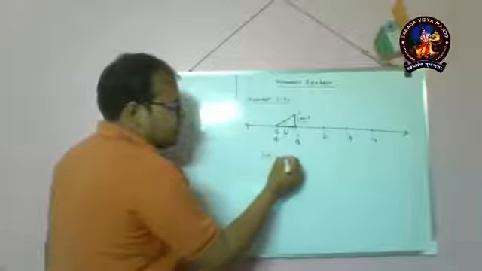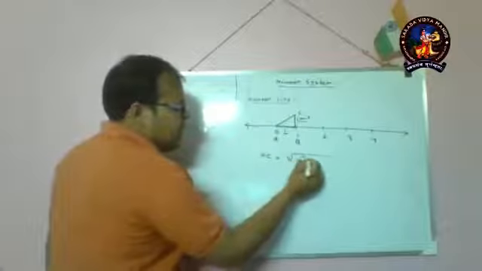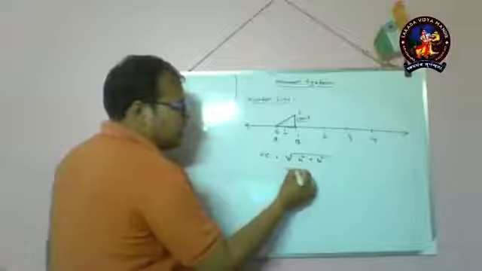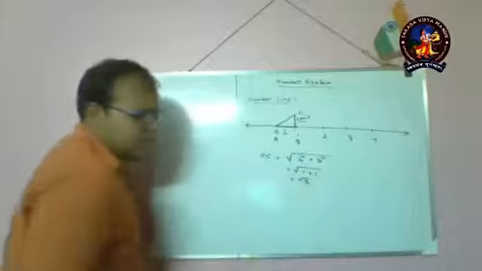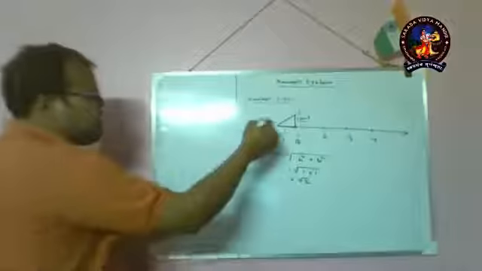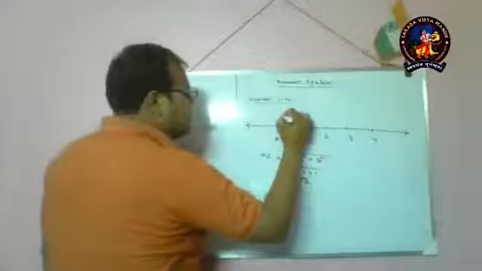AC is equal to root over height square plus base square, which is nothing but 1 square plus 1 square, so it is root 2. So this length will be root 2 units. If I take the base to be 1 unit and the height to be 1 unit, the hypotenuse will be root 2 units.